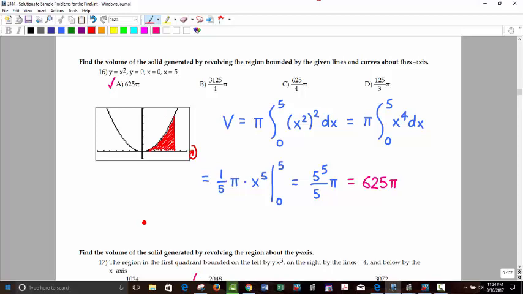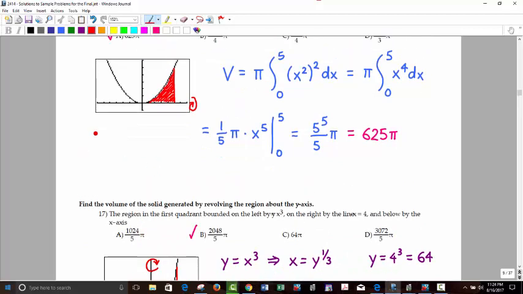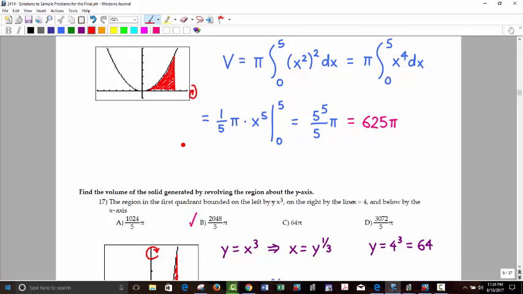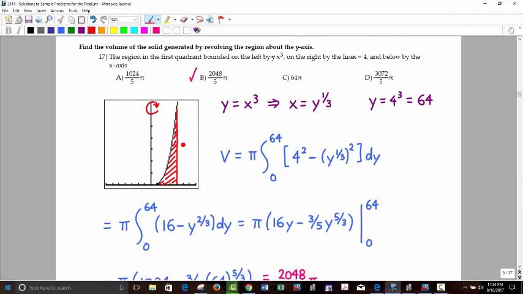But if this function's going around the y-axis, well, actually, you know what? Instead of just telling you this problem, the next one's going to pretty much solve our situation there. So you'll see it right here. Number 17. y equals x cubed, the line x equals 4, it's going around the y-axis, so you're going to have a gap.